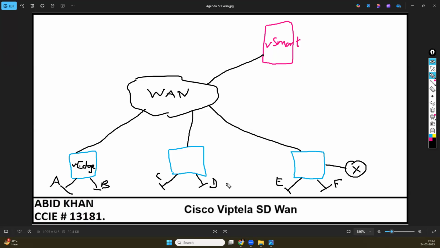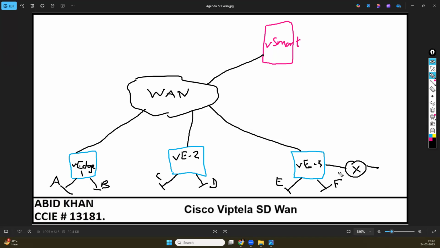Ultimately, the data has to flow through all of this, A, B, C, D, E, F. Let us call this WAN edge VH1, this one VH2, and this is VH3. So VH1 knows AB, VH2 knows CD, and VH3 knows its own directly connected network.